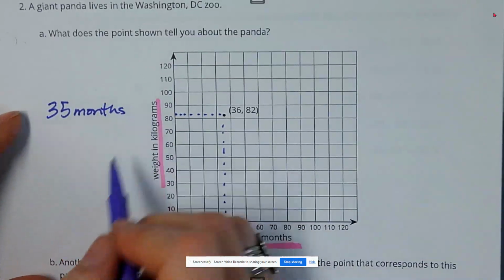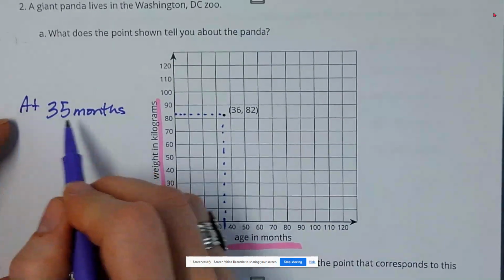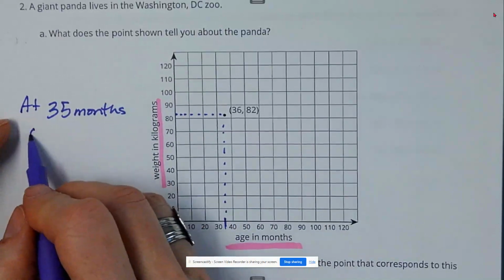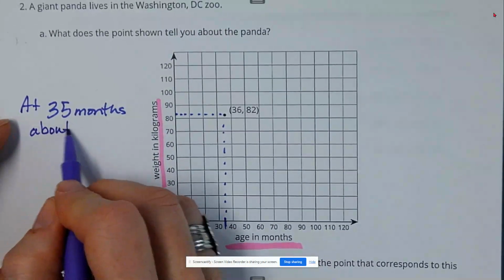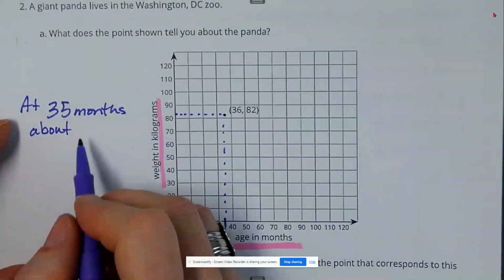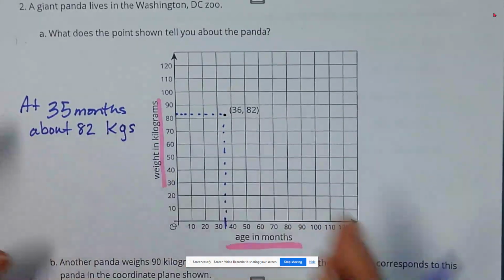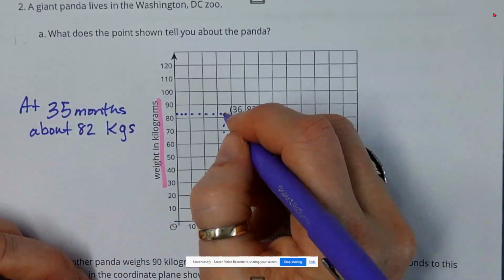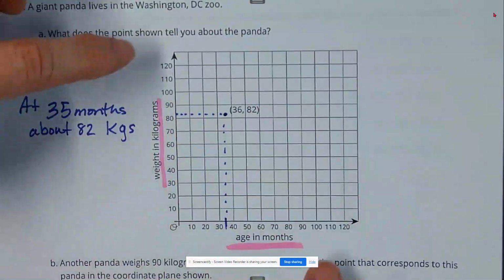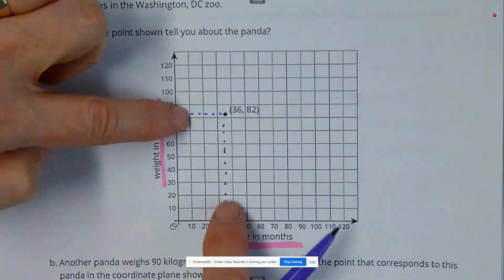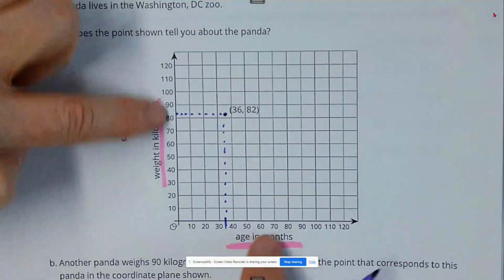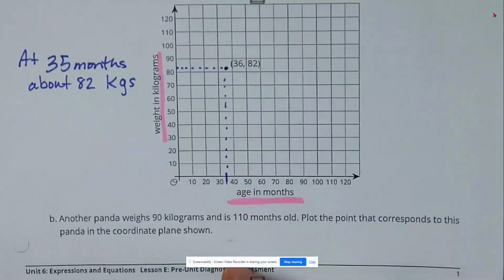So we're going to estimate at 35 months, he's about, I'm going to say less than 85. I'm going to say about 82 kilograms. So all points on a graph can be figured out by looking at your labels and then seeing where they line up on the grid pattern.